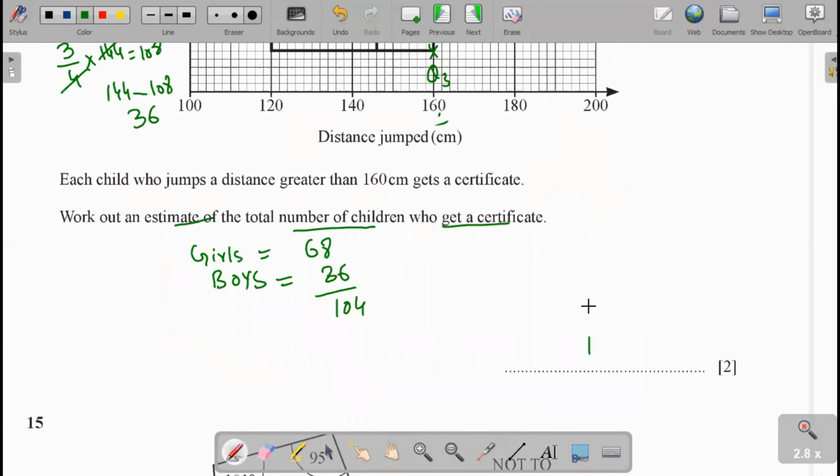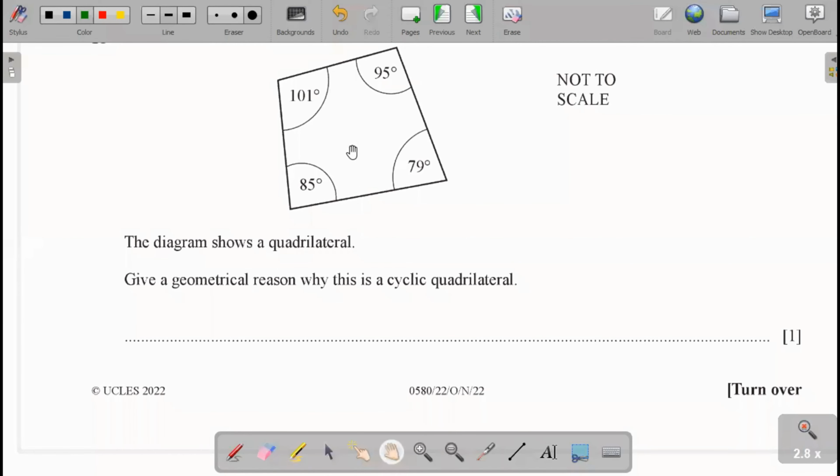This is the answer. The diagram shows a quadrilateral. Give a geometrical reason why this is a cyclic quadrilateral. In a cyclic quadrilateral, we see the diagonally opposite angles. The sum of diagonally opposite angles is 180. Then this quadrilateral will be cyclic. Now you see here the diagonally opposite angles sum to 180.